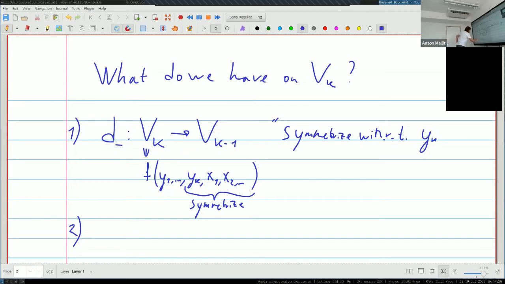And then the second operation goes the other way. You want to be able to add some variables.